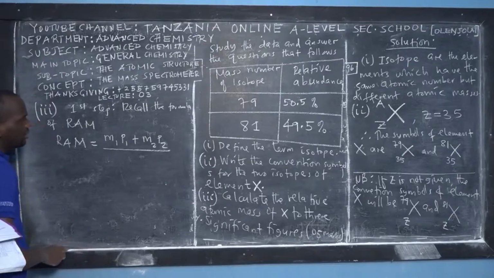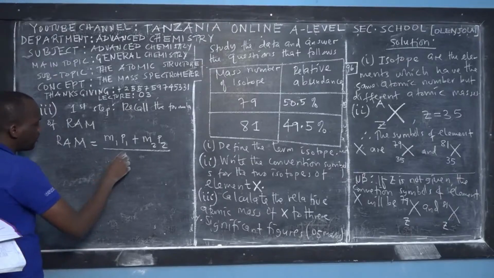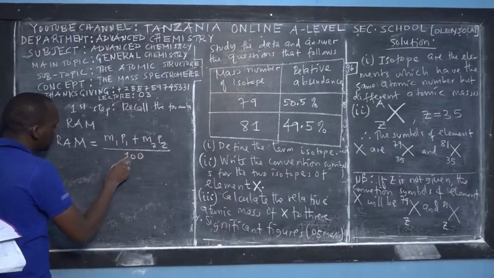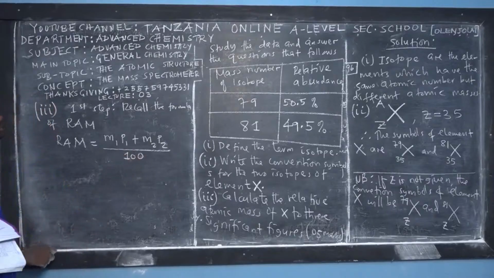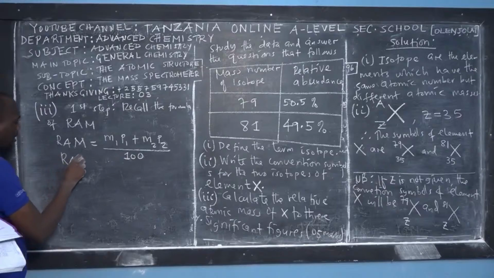And then we divide, because it is an average, by the summation of abundances. Because it is in percentage, the sum is 100. So the relative atomic mass, in atomic mass units, is 7.